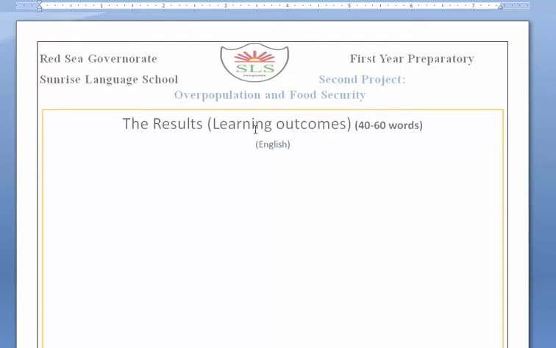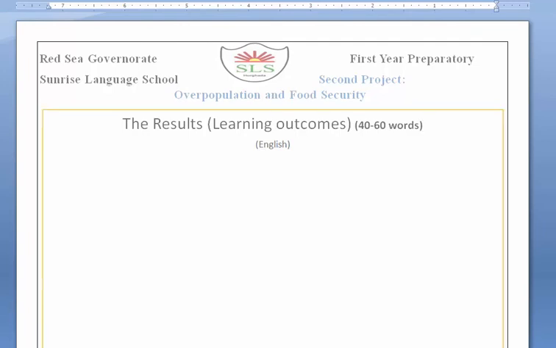What have you learned from doing this project? You write it in English, from 40 to 60 words, or more than 60, but not less than 40.